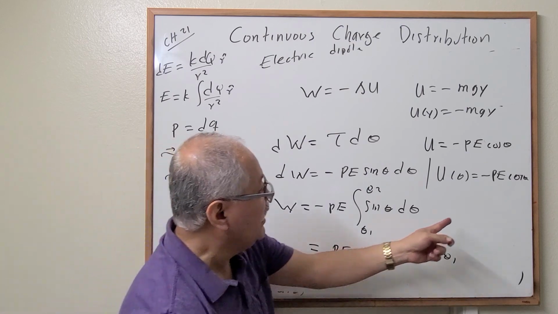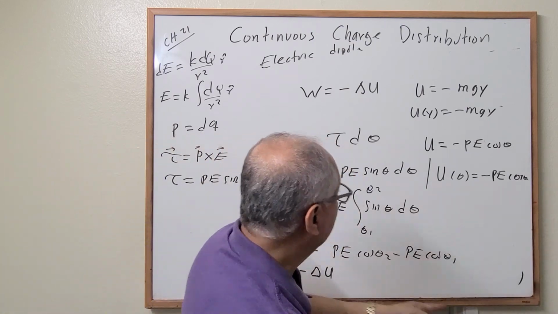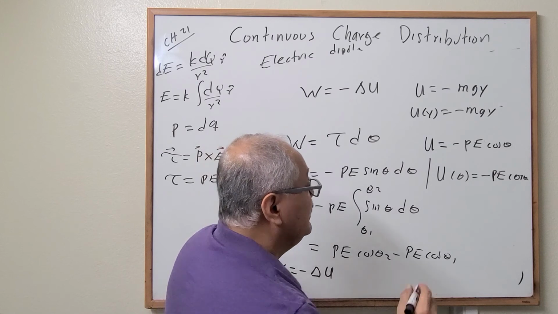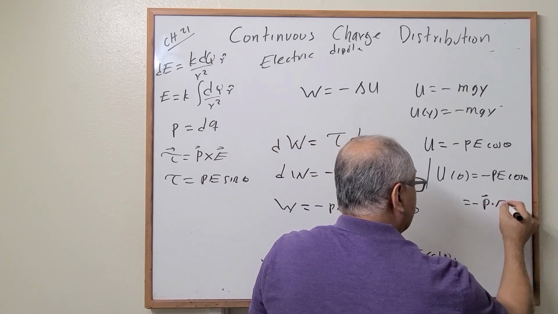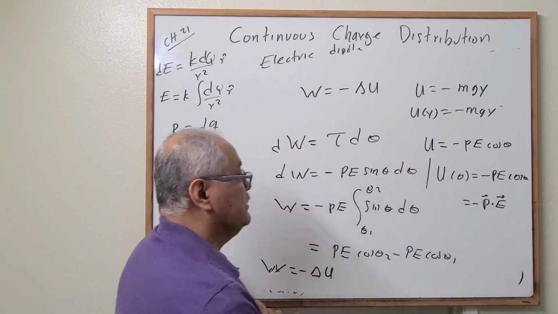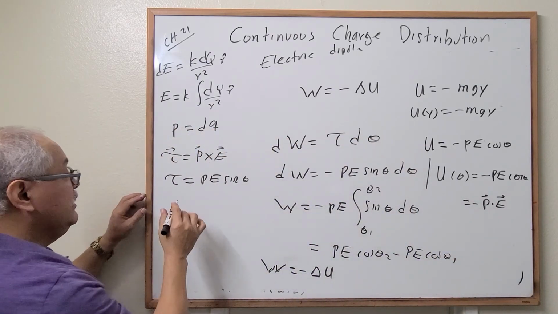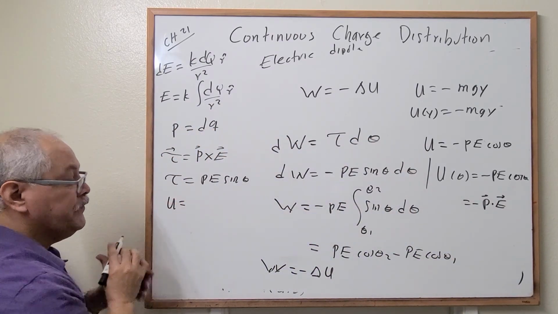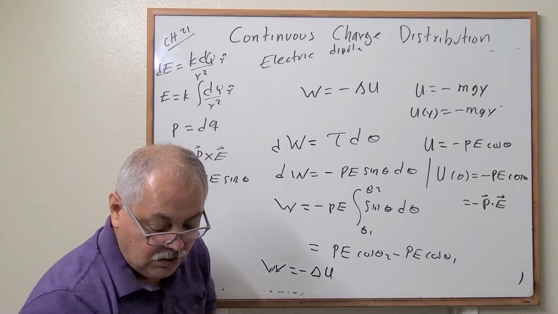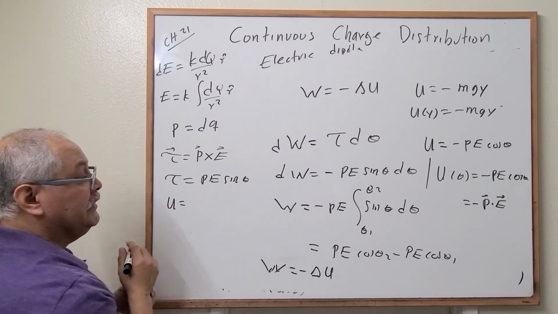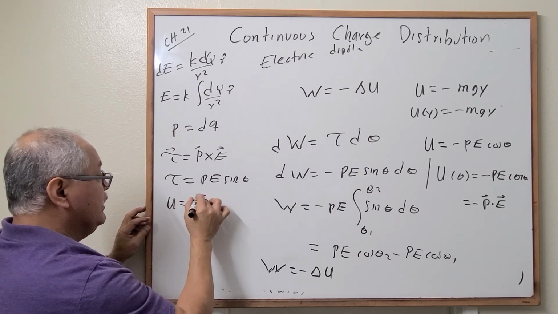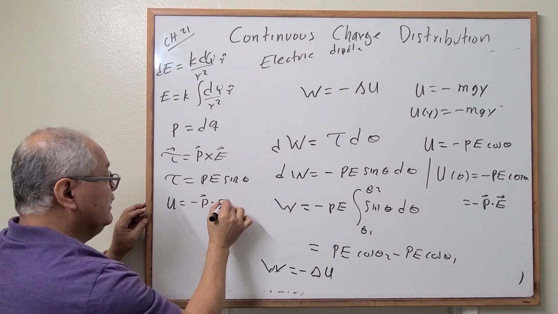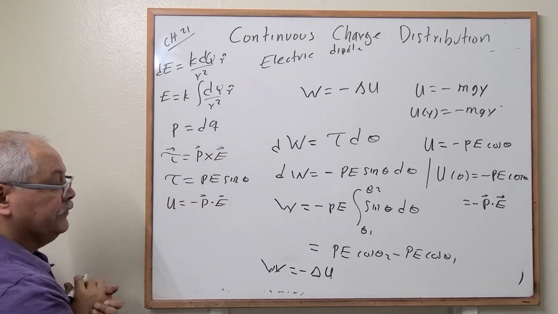But look, right here we have P cosine theta. We can also use vectors. So this is equal actually to the dot product, right, of these two vectors. And one more time, the potential energy of an electric dipole is going to be negative P, right, dot product E. Correct?